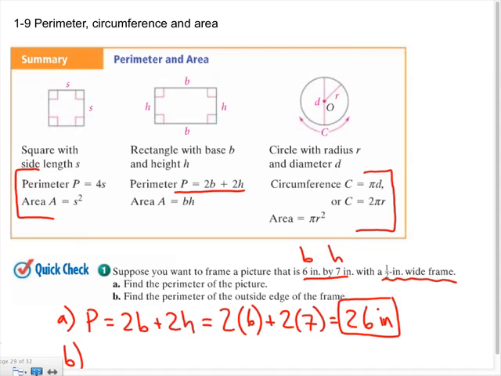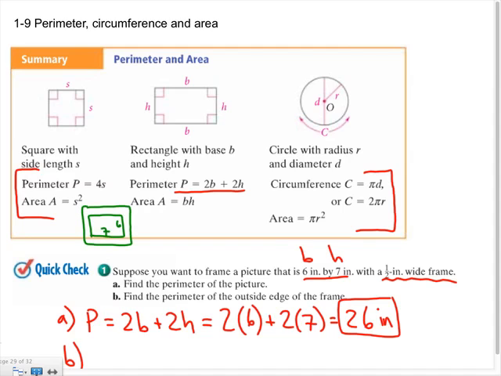We've got a picture frame, we have a picture that is 6 units by 7 units. And the picture frame is 1/2 inch wide, meaning that it extends an extra 1/2 inch on every side. Now, I'm not going to draw this to scale, but you all understand that a picture frame surrounds the picture.